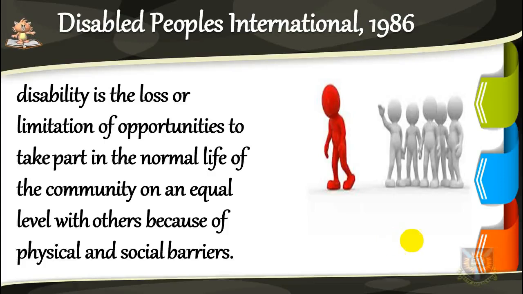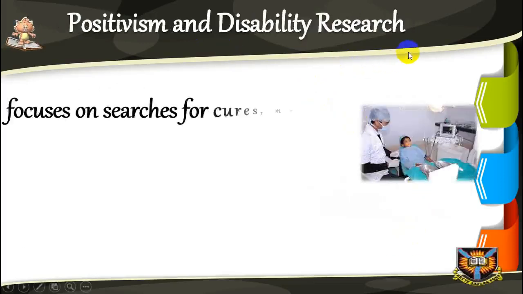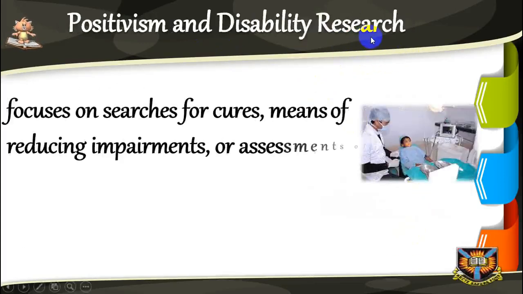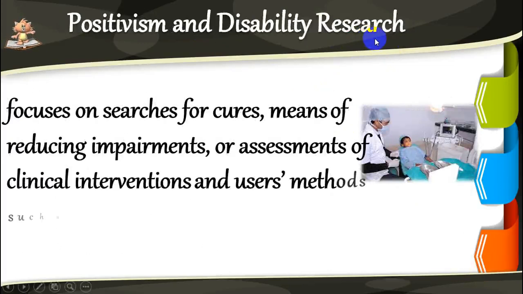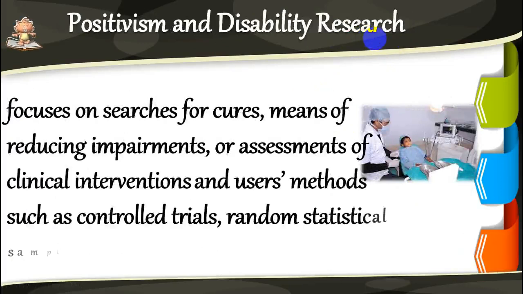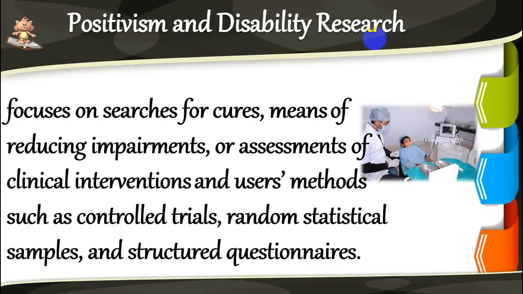Positivism and disability research. Health research about impairment and disability is dominated by positivist theories. It focuses on searches for cures, means of reducing impairment, or assessment of clinical interventions, and uses methods such as controlled trials, random statistical samples, and structured questionnaires.